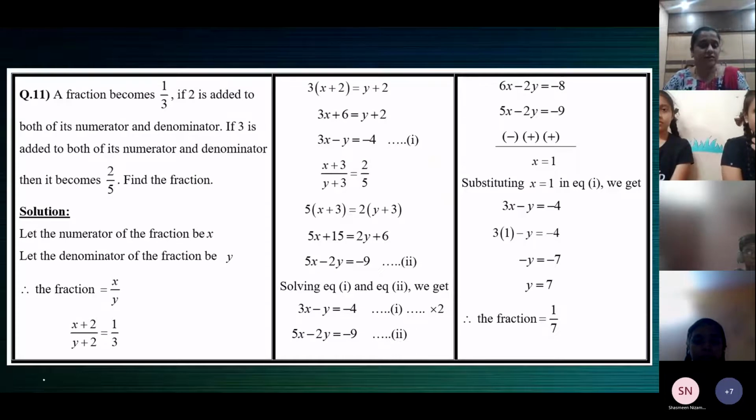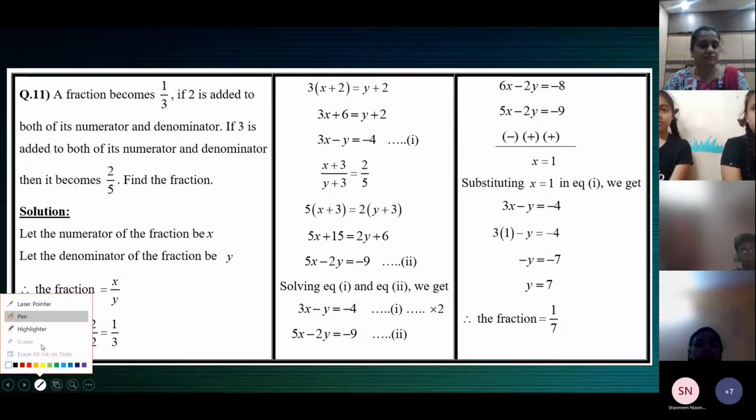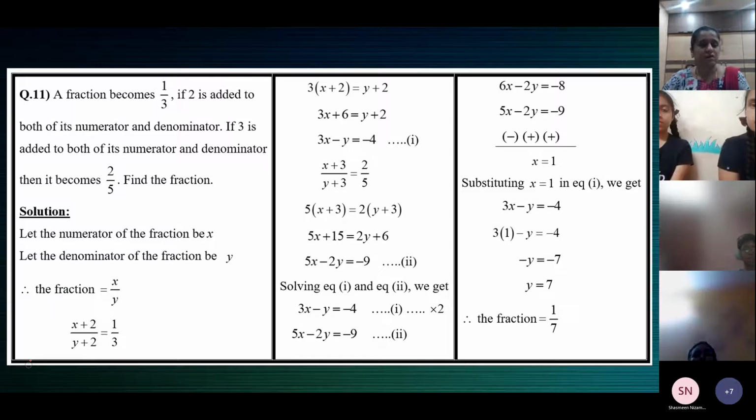So we have to cross multiply. Numerator x, denominator y, fraction is x by y. This is the first equation: cross multiply, and bring the x and y terms on one side, the constant on the other side.